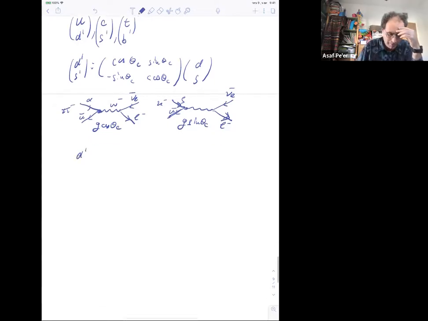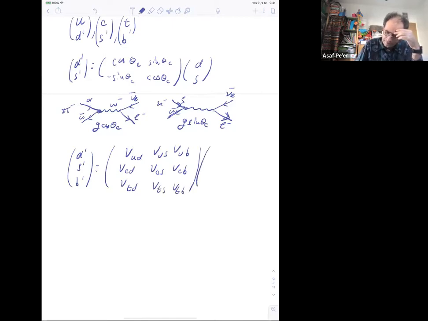So they had d prime, s prime, and b prime: V_ud, V_us, V_ub, V_cd, V_cs, V_cb, and V_td, V_ts, V_tb. This is the CKM matrix, which we discussed already.